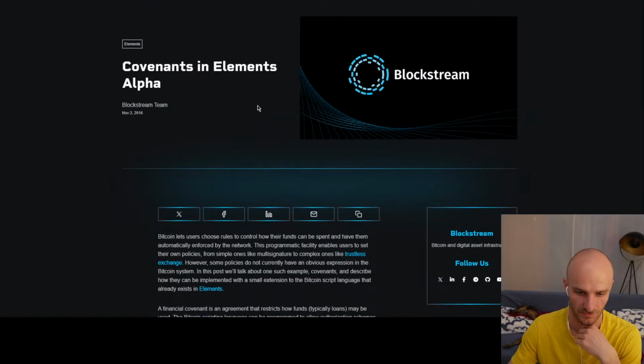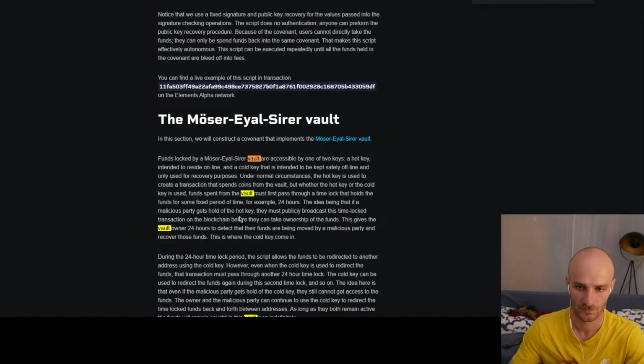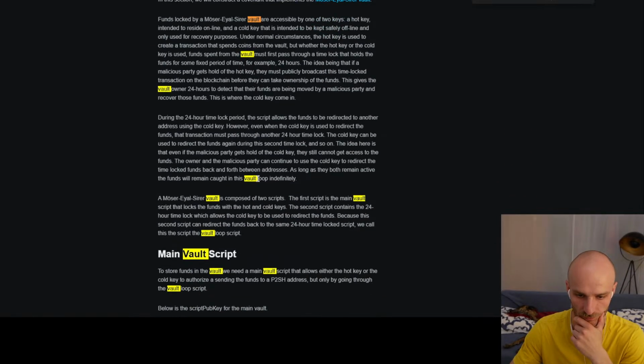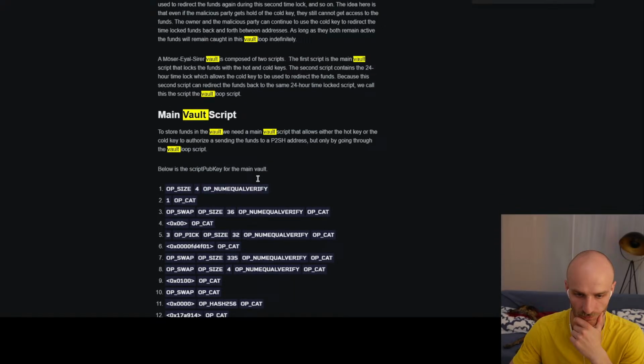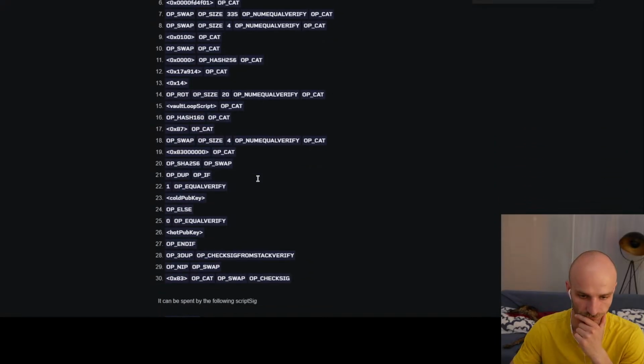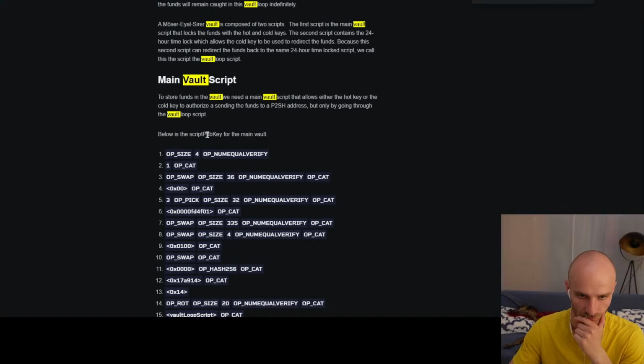Covenants in Elements Alpha. Below is the script pubkey for the main vault.